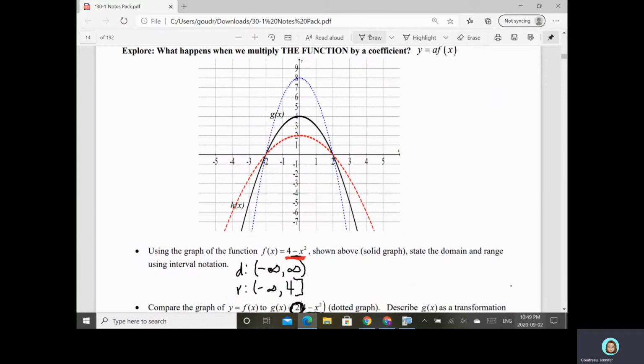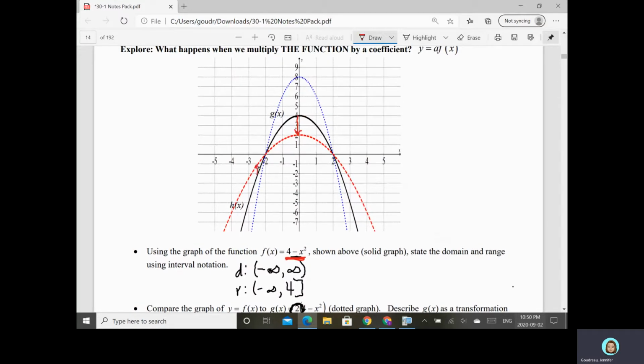Well, when I compare the two, I notice that h(x) is shorter than f(x). This y-intercept is 4, whereas this y-intercept is 2. So it's almost like I pulled that down. At the same time, notice that it's almost like we took the parts underneath the x-axis and pulled them up, made them this way.